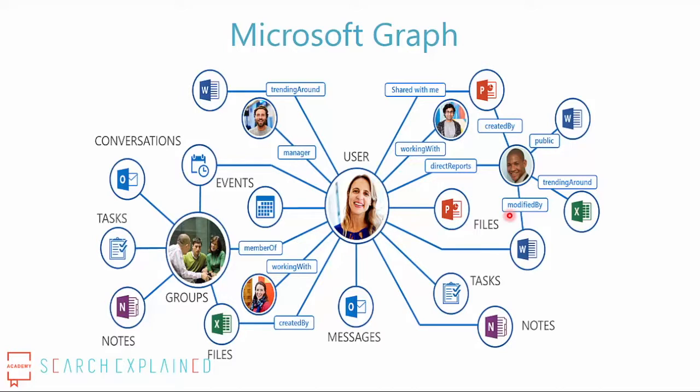And since it has more and more information, it can provide more and better suggestions. How it works: whenever you log in and whenever you go to a user interface like Delve or the modern search UI or similar modern experiences in Office 365, you are considered to be the center of the graph, and everything around you is going to be suggested to you.